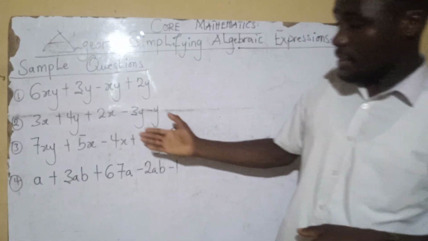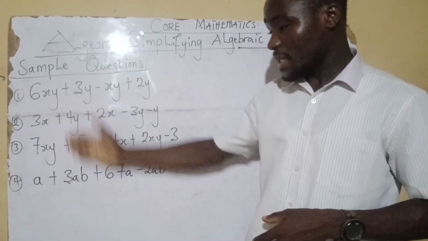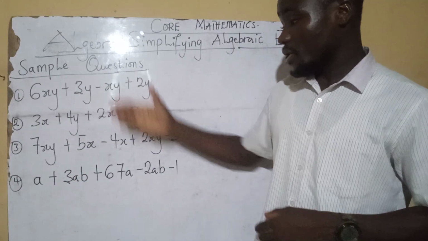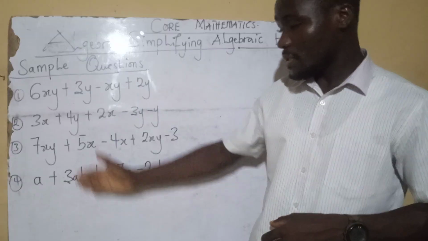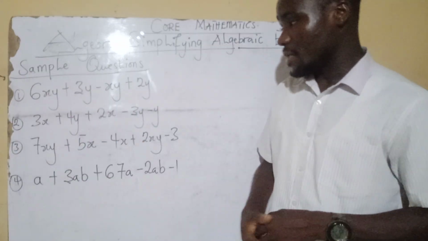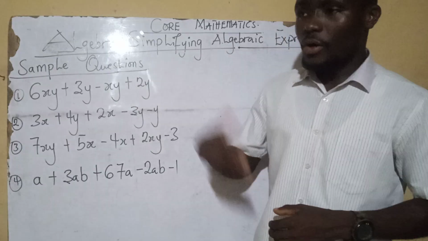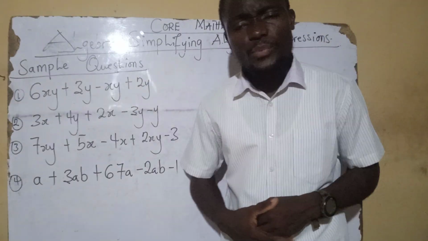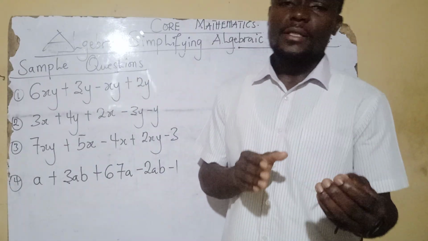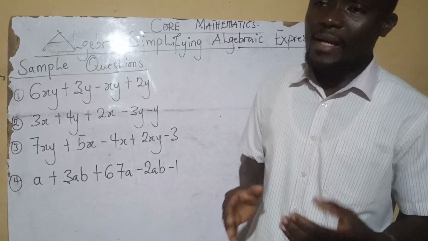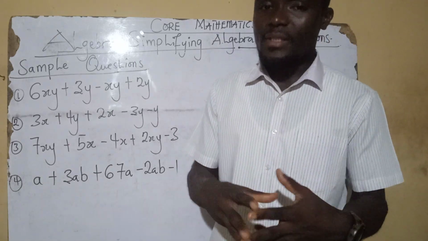So as we can see, we have some sample questions here, and all these terms that we have here, we call them algebraic expressions. They are algebraic expressions because, for one, it is an instance where variables and numbers come into play.